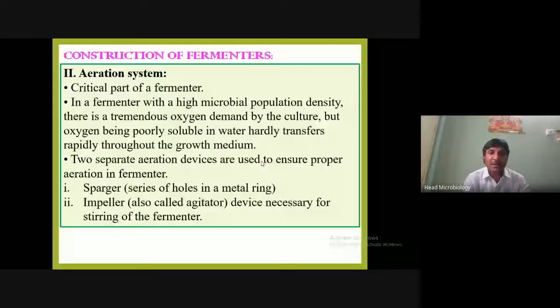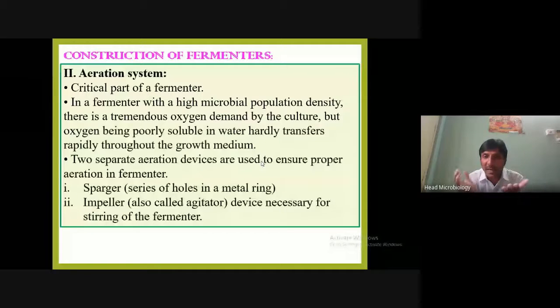Coming to aeration, it is one of the most important parameters in the design of fermentation. Aeration means supplying air into our fermenters. For example, we are designing one type of fermenter and are ready to produce one type of product.